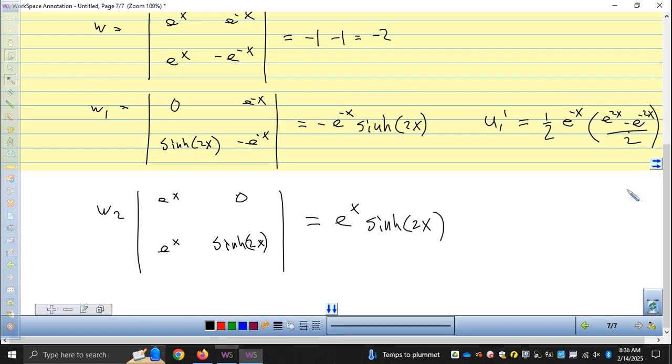And u2 prime is this divided by 2, so 1/2 e to the positive x, e to the 2x minus e to the minus 2x over 2, so we can integrate.